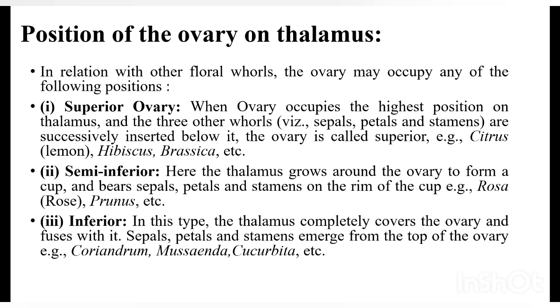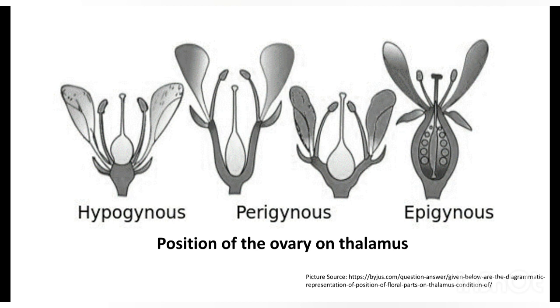That condition is known as inferior, and in this case the ovary is termed epigynous. Then semi-inferior, where the thalamus grows around the ovary to form a cup and bears sepals, petals and stamens on the rim of the cup. That means all arise at the same level, called semi-inferior or perigynous condition, generally present in Rosa and Prunus, Rosa indica, Prunus, Pyrus malus, apple. That means in the Rosaceae family. So these are the structures.